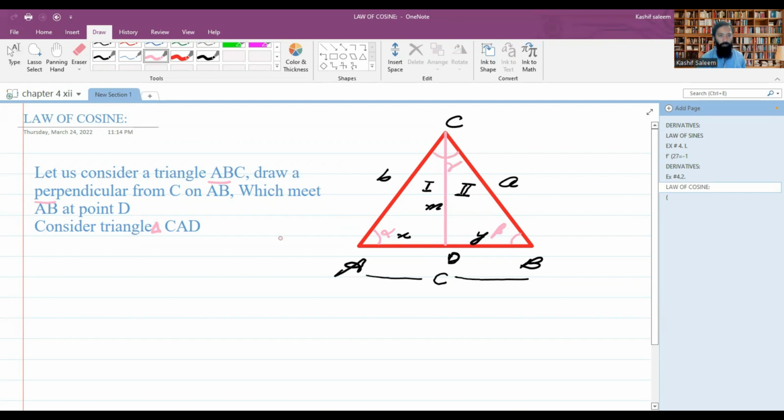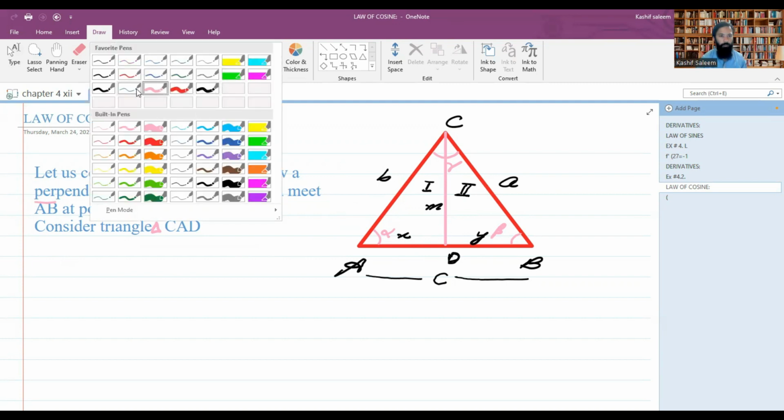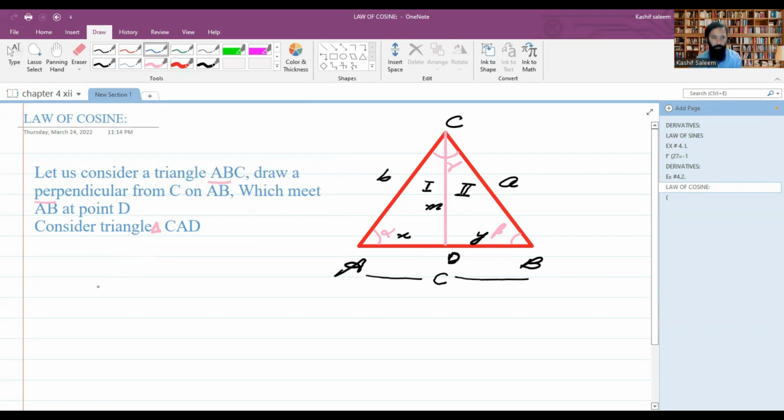Now first we will find X, Y, and M. Let's first find M. You can use sine alpha.